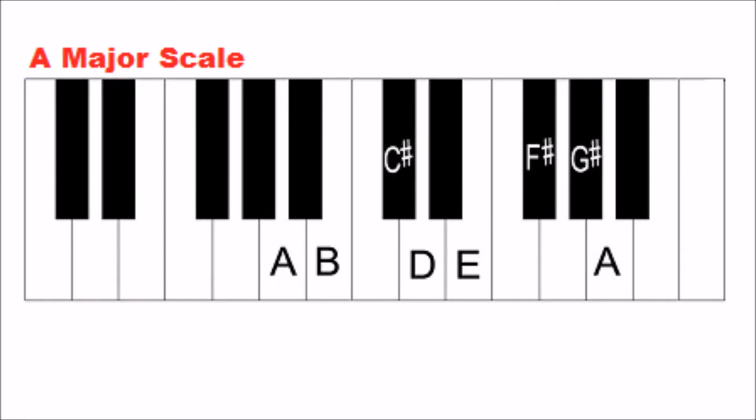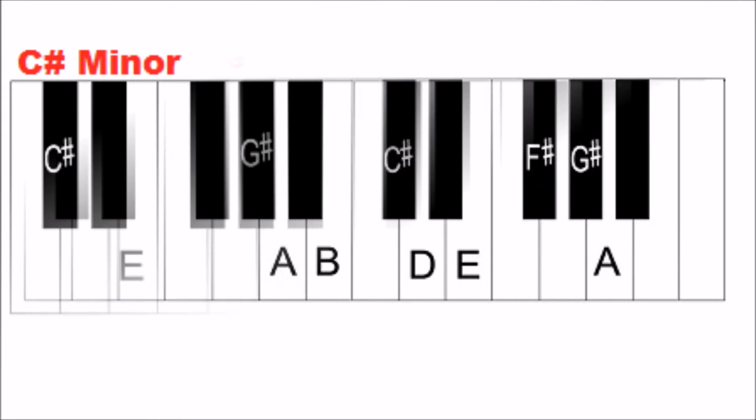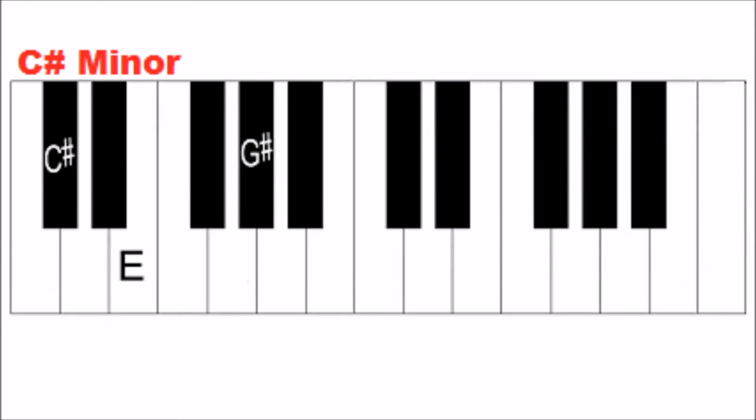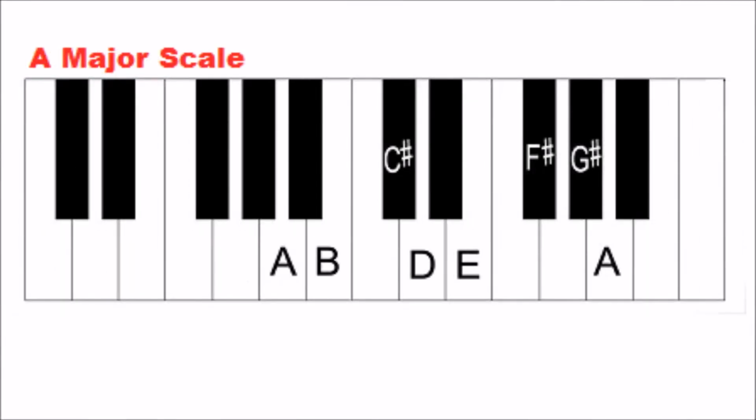Is the chord C sharp major, C sharp minor, or C sharp diminished? It's clearly C sharp minor, consisting of the notes C sharp, E, and G sharp, which are all part of the A major scale.